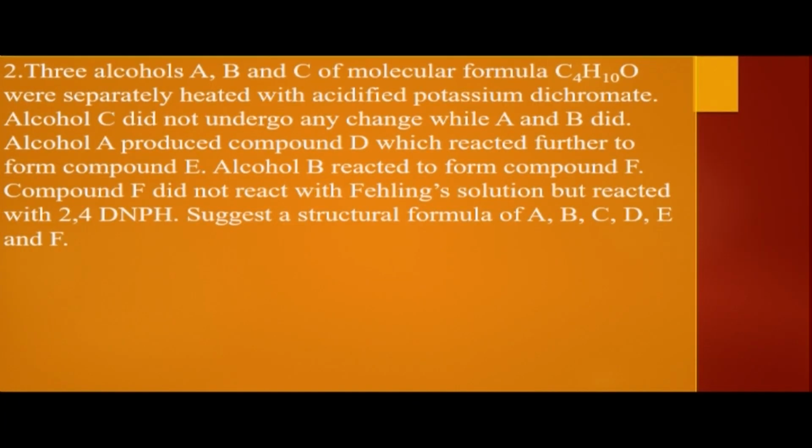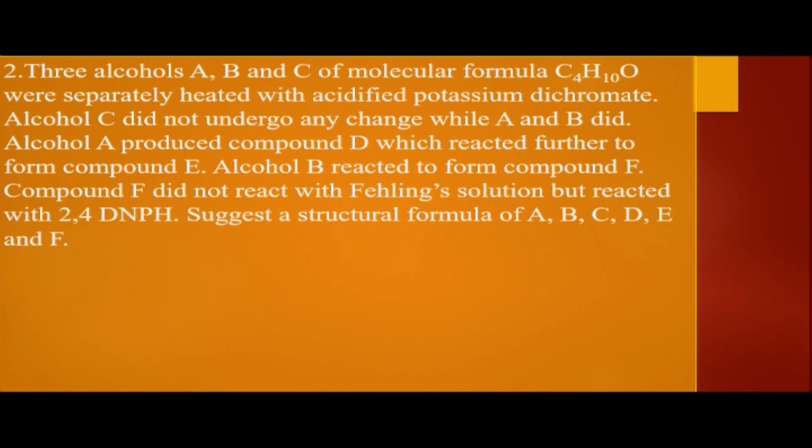Three alcohols, A, B, and C, of molecular formula C4H10O were separately heated with acidified potassium dichromate. That's, remember, a strong oxidizing agent. Alcohol C did not undergo any change, while A and B did.